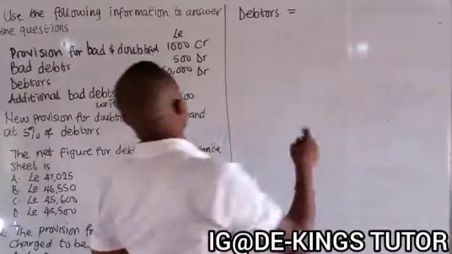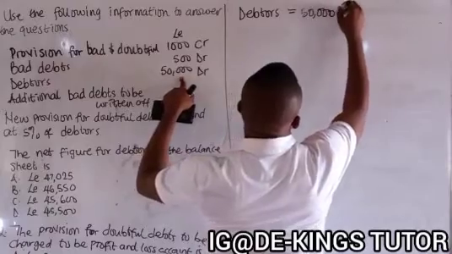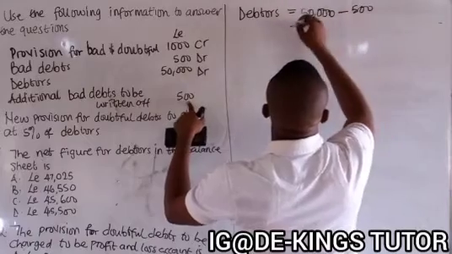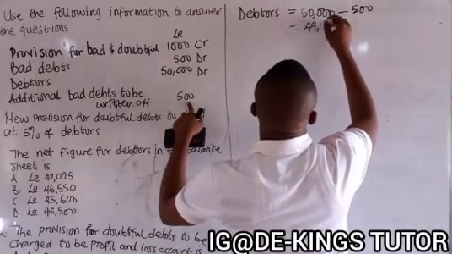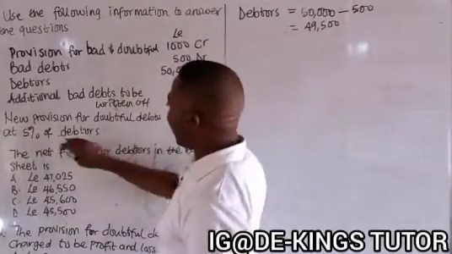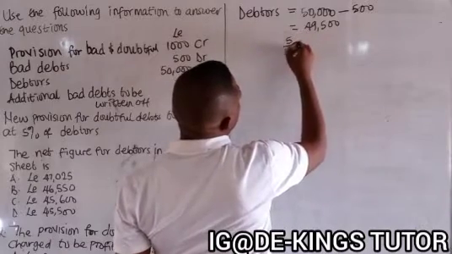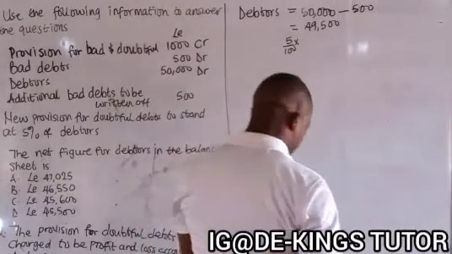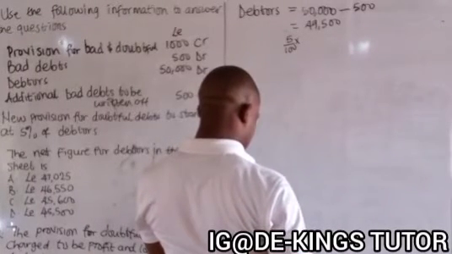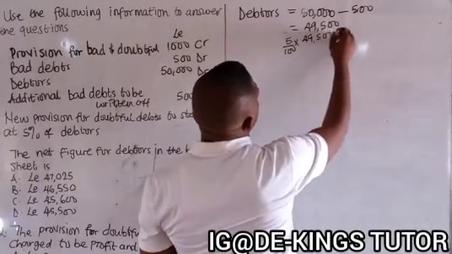Okay, so the debtors' value, they say debtors is 50,000. So we have 50,000 minus the additional bad debt. We have to deduct it, it is in additional information. So this will give us 49,500. They said the new provision is 5%. So we can now calculate 5% on this. 5 over 100 times 49,500.